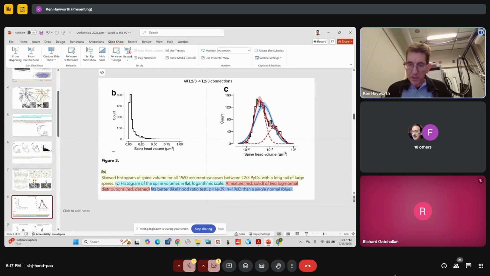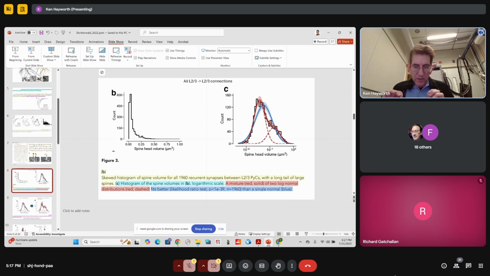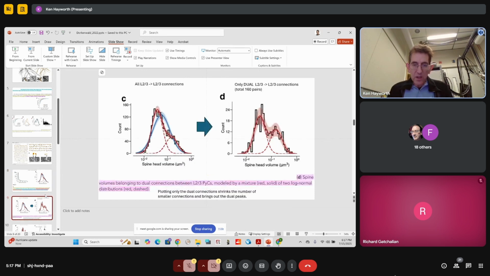There's a little bit of a ledge here on the upper edge. And again, this is for all of the synapses, not just the ones that are pairs. Now, when they go over and look at, this is the same plot I was showing over there.